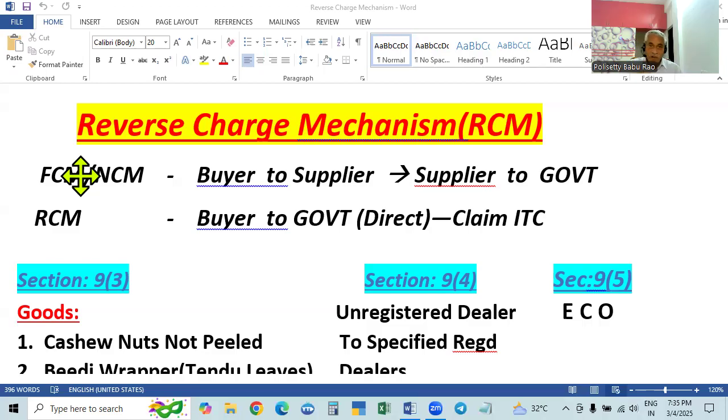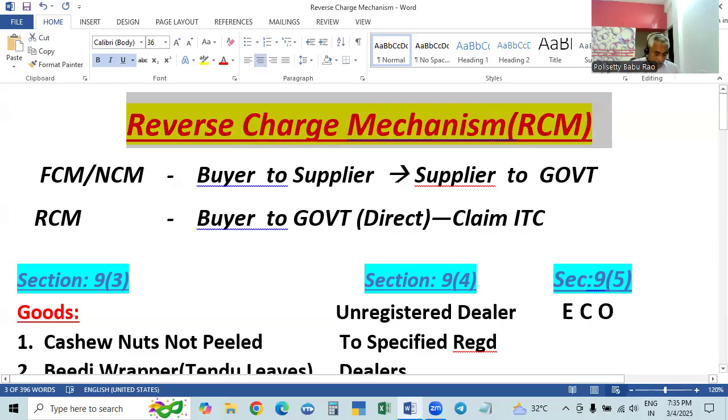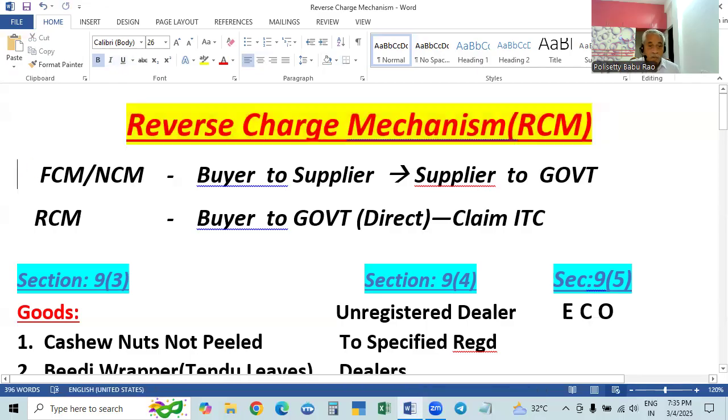So we are forwarding to the government through the seller. That's why this is called the forward charge mechanism. Forward charge mechanism or normal charge mechanism, both are the same. Generally, this is the method.